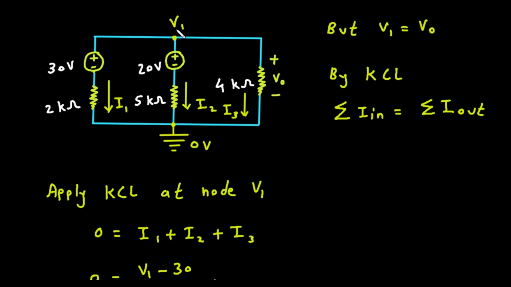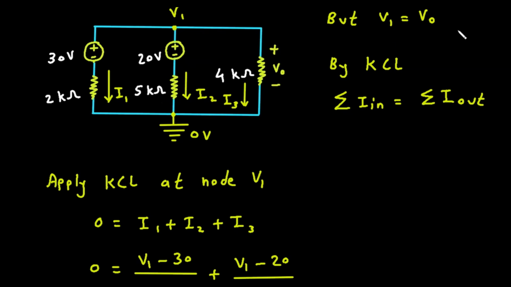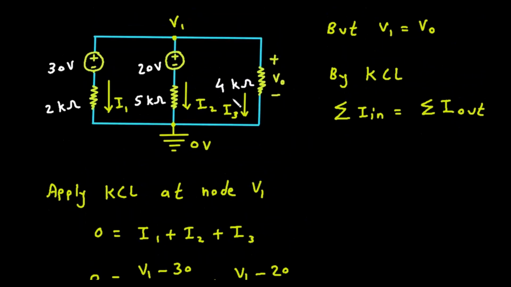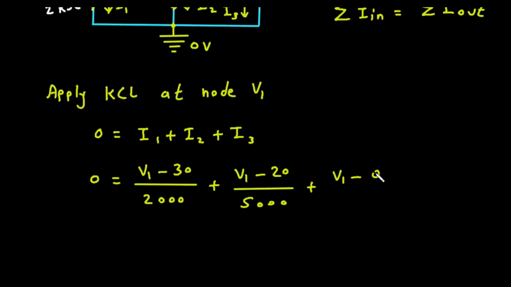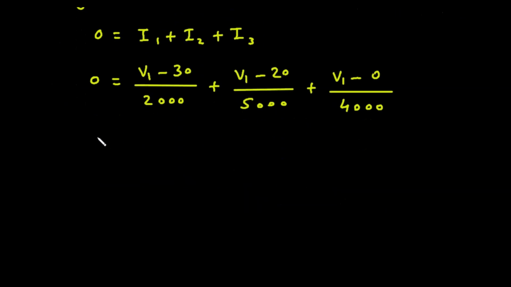Now this I2 will be V1 minus 20 divided by, here the value of resistor is 5000 ohm, so it will be 5000, then plus I3. Now the I3 will be V1 minus 0 divided by 4000. Now simply we have to simplify this and find the value of V1. So let's simplify this.